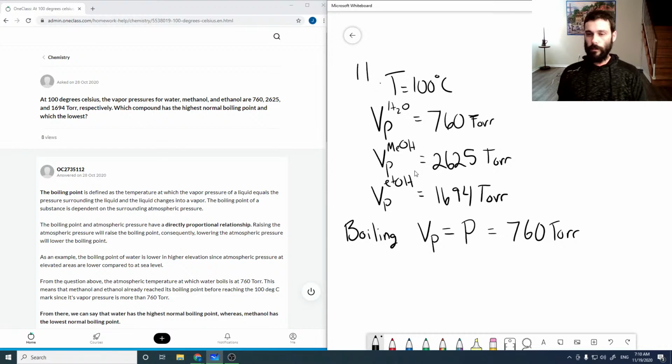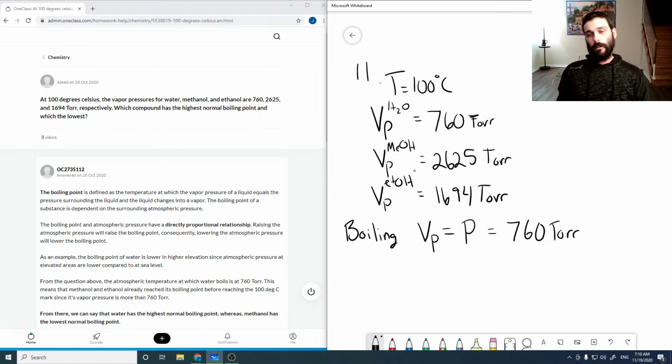That's in those units, or it's 1 atmosphere, or it's 101.325 kilopascals, depending on the unit you're using. In this question, obviously, we're using torr, so we'll just stick to torr.